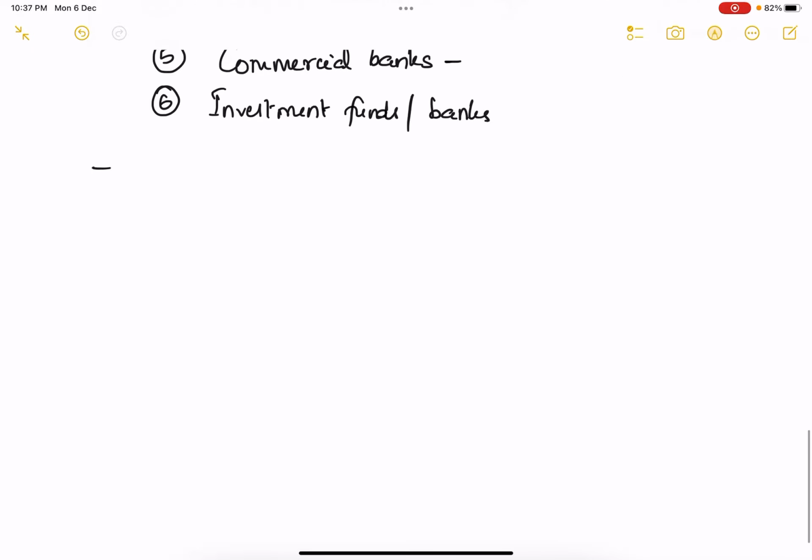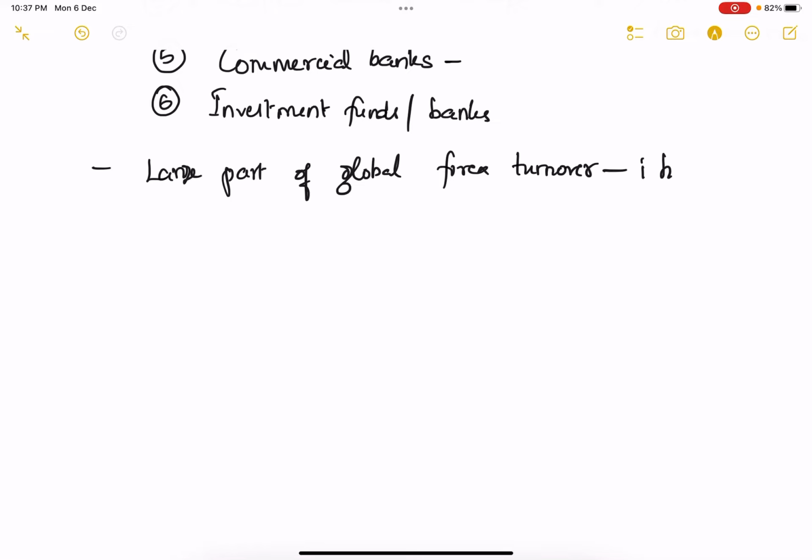One important criteria we need to know is that a large part of global foreign exchange turnover is mainly due to three things: investment, hedging, and speculation. And also the main thing which I repeatedly tell you is foreign exchange markets are dynamic in nature.